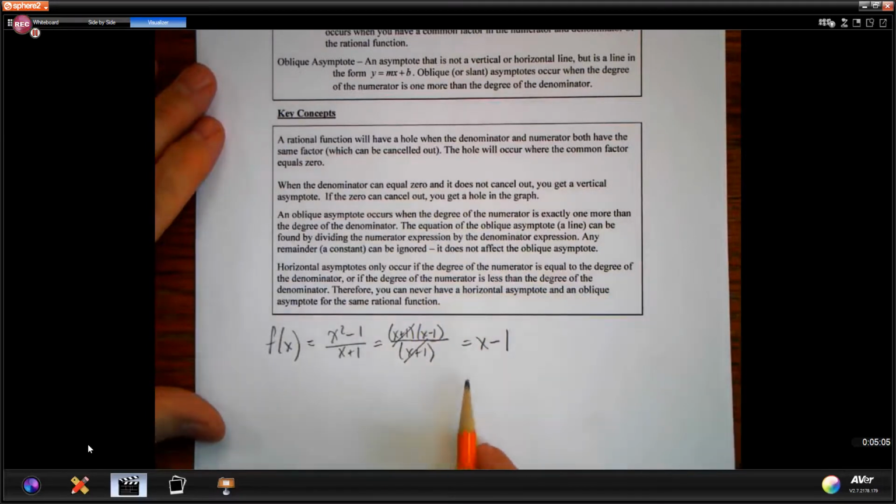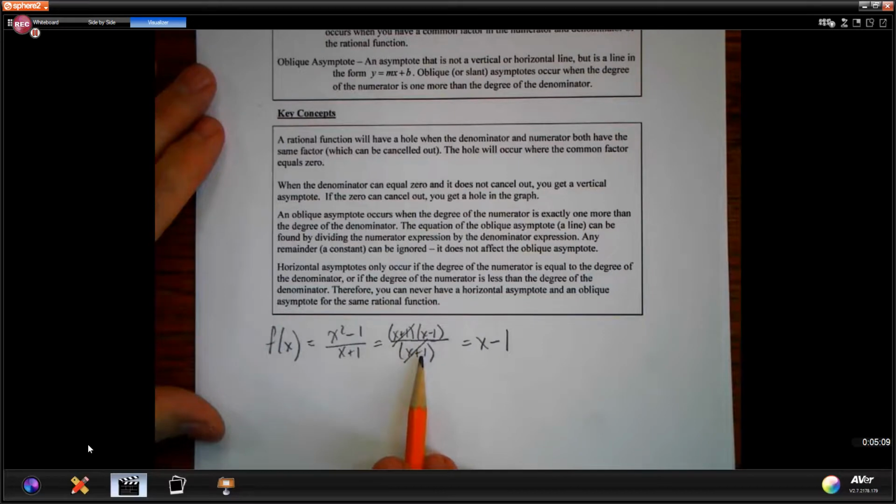But there's a little bit more to it than that, because there's some hidden information here. If I just gave the equation f of x equals x minus 1, you could say, well, I could plug in x equals 1 here, no problem. That would be true, but if you tried to plug in x equals -1 here, you're going to have a problem, because the denominator would be 0.